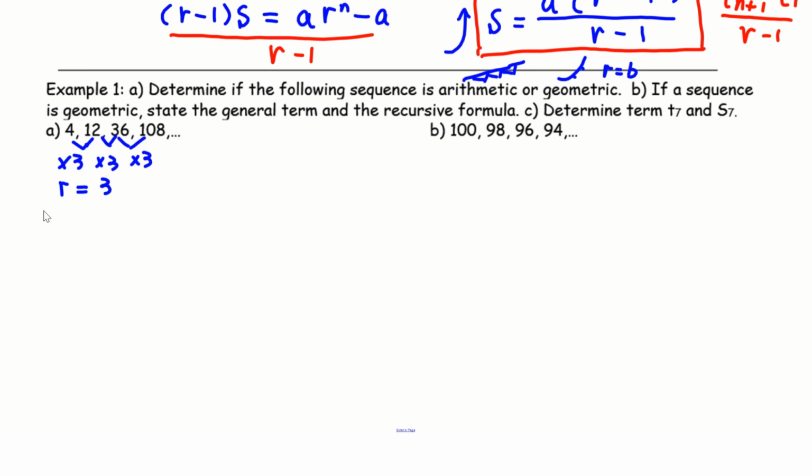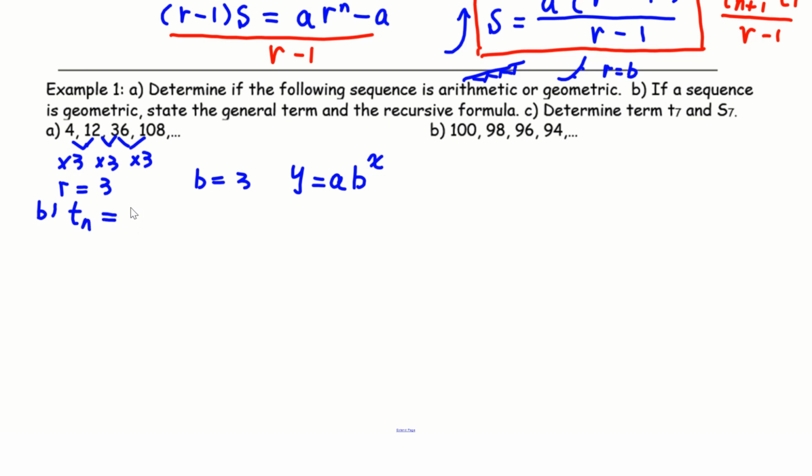And the general term is the same as an exponential function for exponential growth and decay, a times b to the exponent x. And because it's a term, we use t sub n, countable numbers for x.